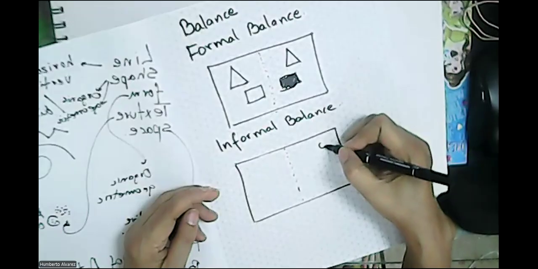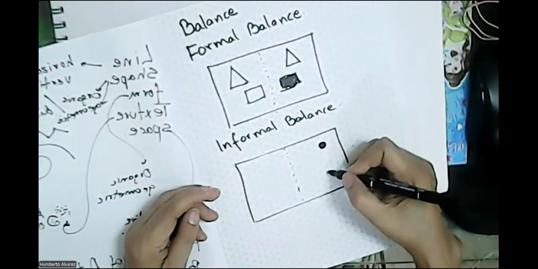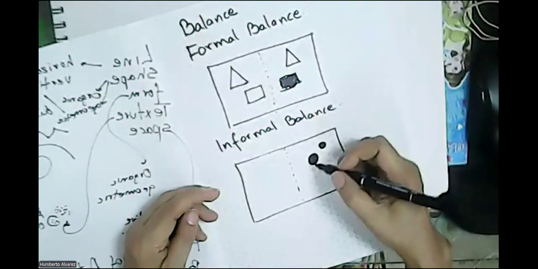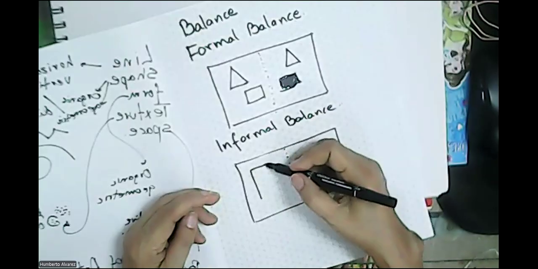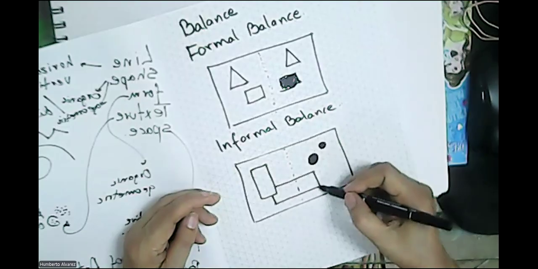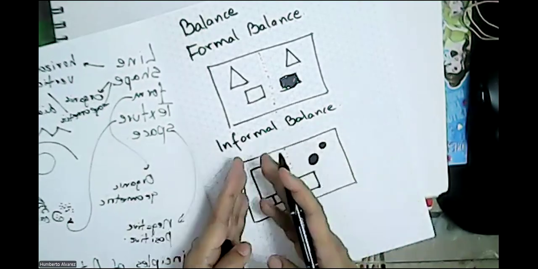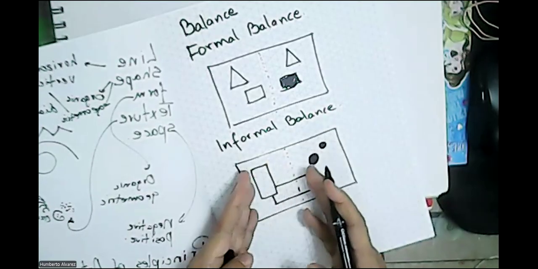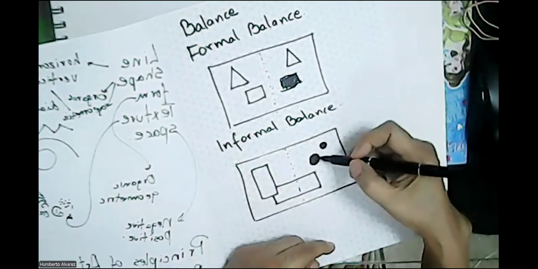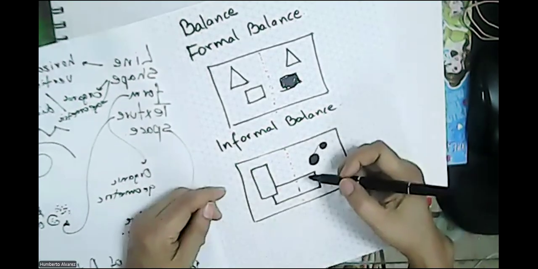For instance, if I have something here, this is kind of heavy, right? And probably here. And if I have something in here and in here, like this, probably I will have the same visual interest because this size of shapes are as heavy as these little dots in here. Okay? This is informal balance.